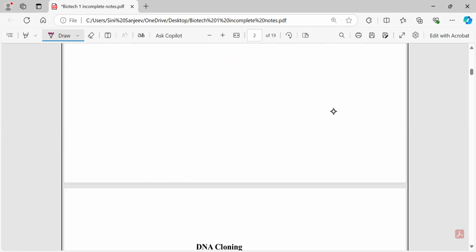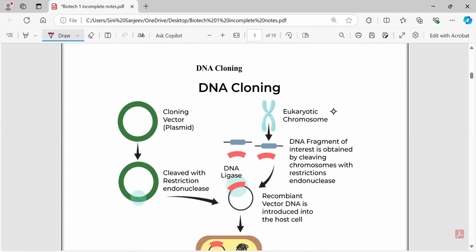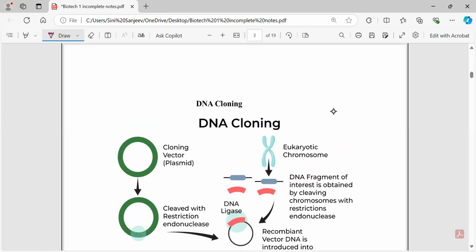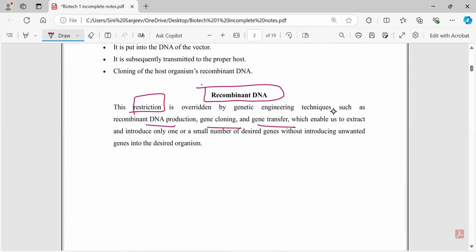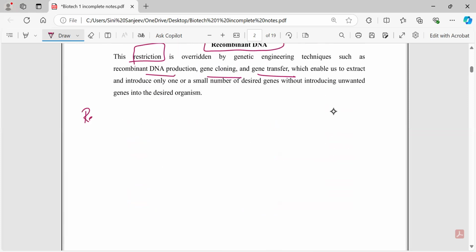So how is it actually done? Basically, among the tools of recombinant DNA technology, the first tool, as I told you, is the restriction enzyme. I'll write it over here because these are important points. What is a restriction enzyme?